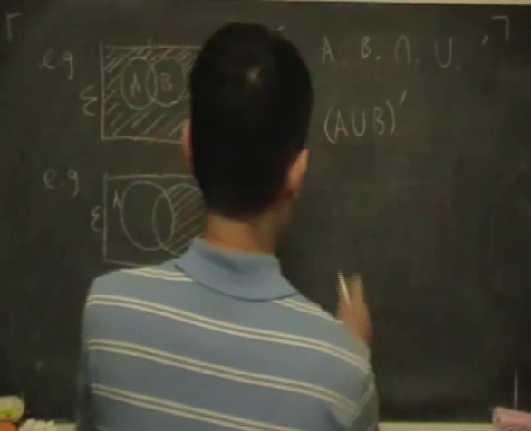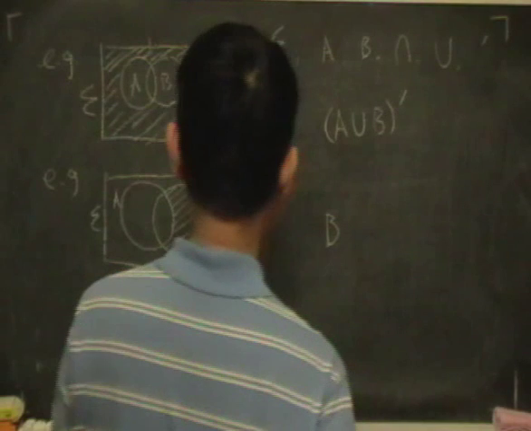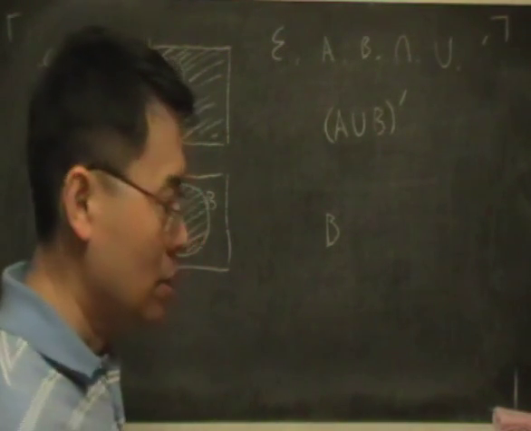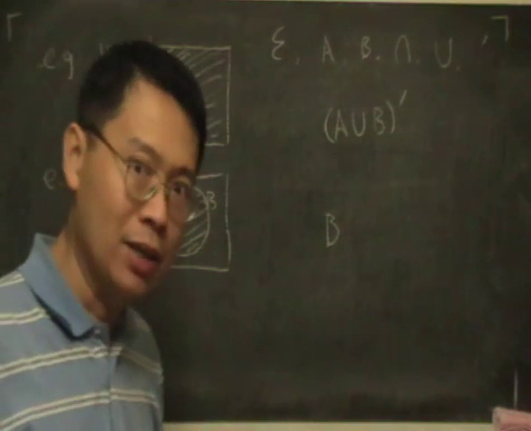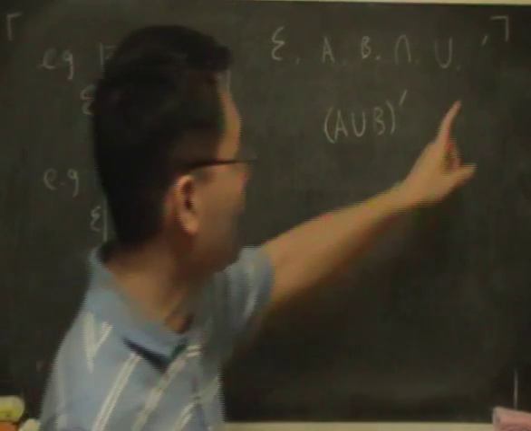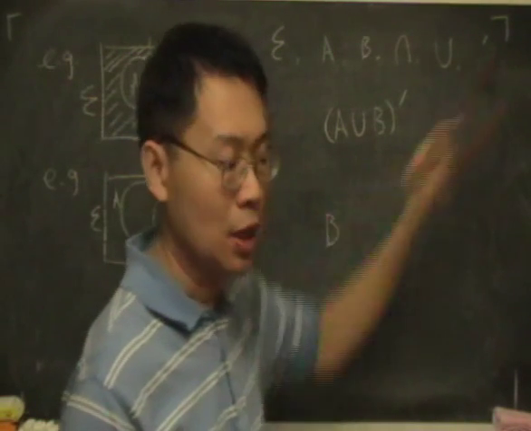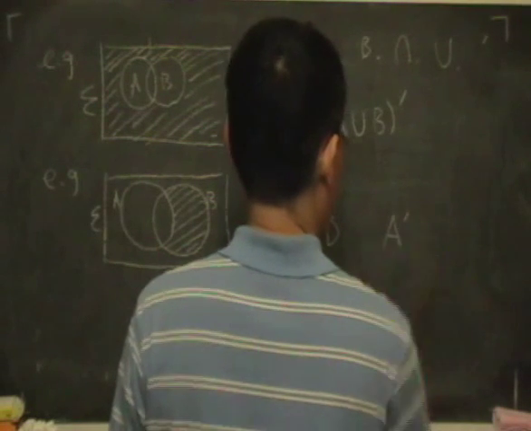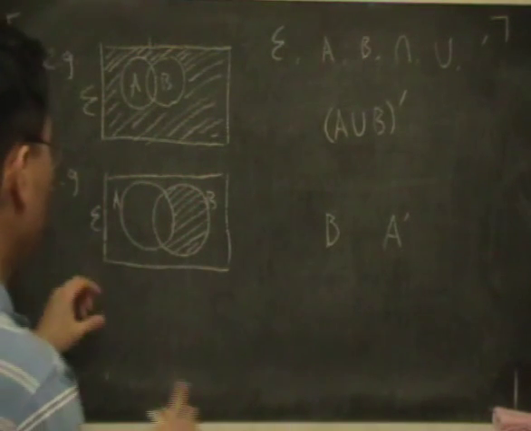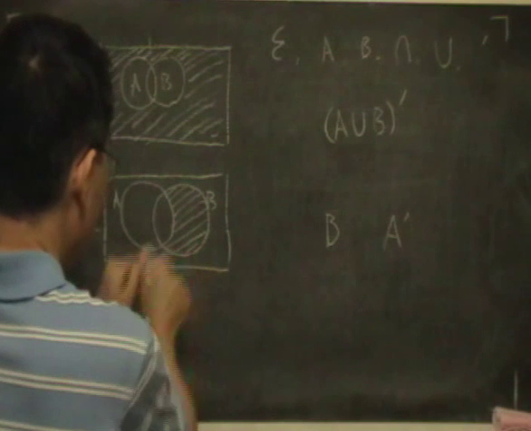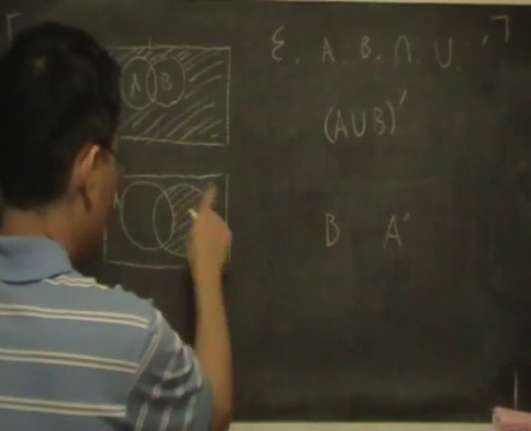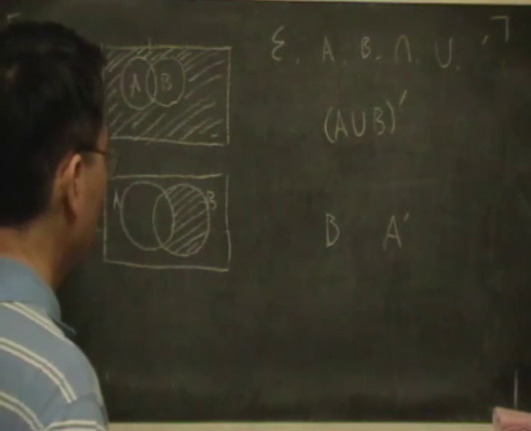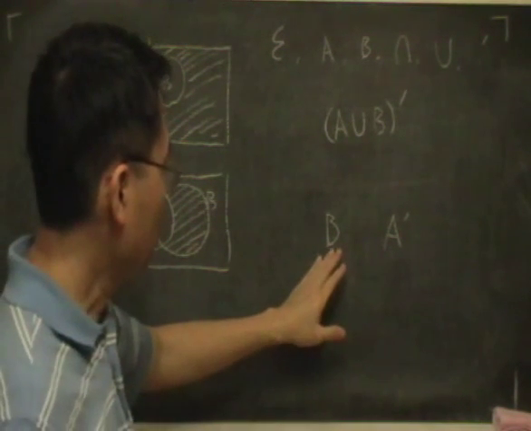It must be inside B. It must be outside A. Now, outside A is given by that symbol, the complement. So A complement is outside A. A complement means everything that is outside A. B means everything that is inside this B circle. So it must be both.